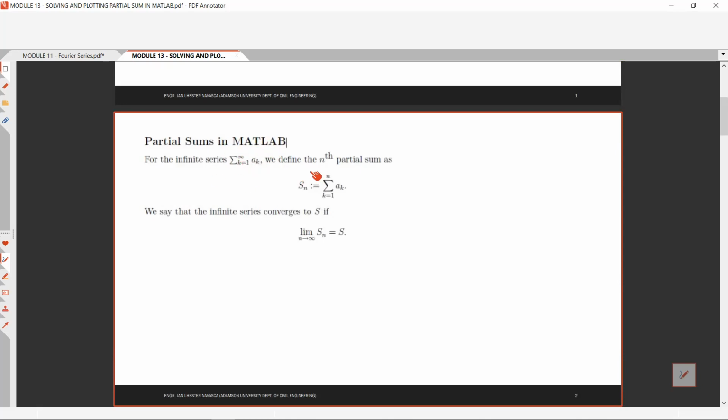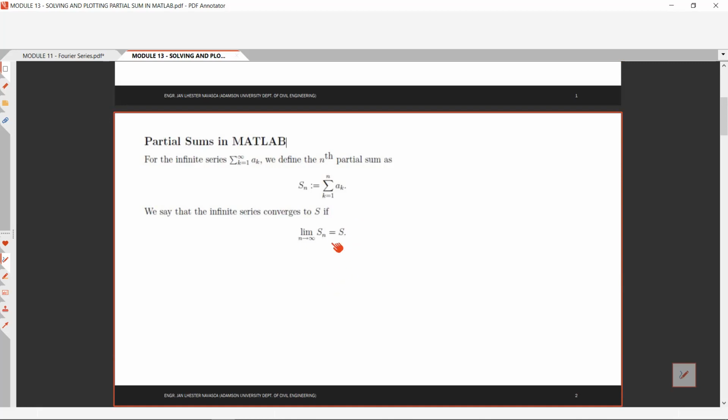We define the nth partial sum as S sub n equals the summation of a sub k from k equals 1 to n. We say that the infinite series converges to S if the limit of S sub n as n approaches infinity is the value S. So when you are converging, even as the value of n grows larger, you will always arrive at exactly the same answer, S. It is not changing, it is not diverging.